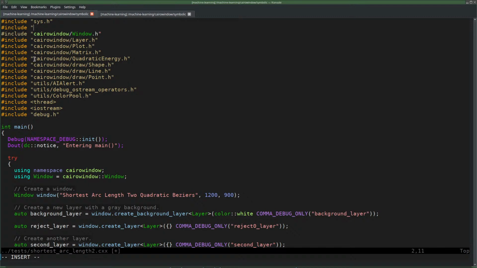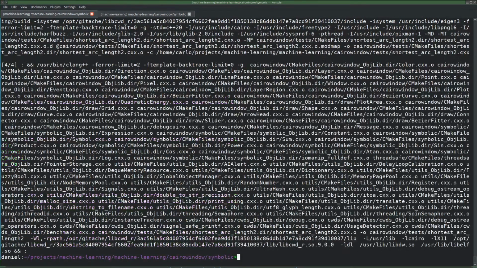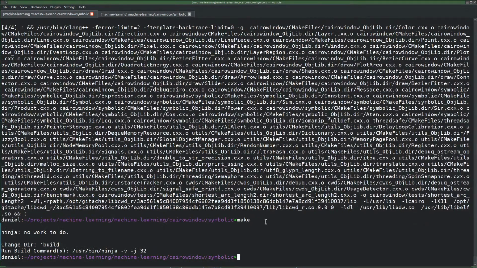Symbolic, IO manip full def. Did compile.